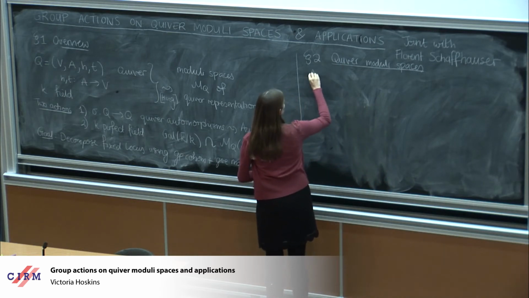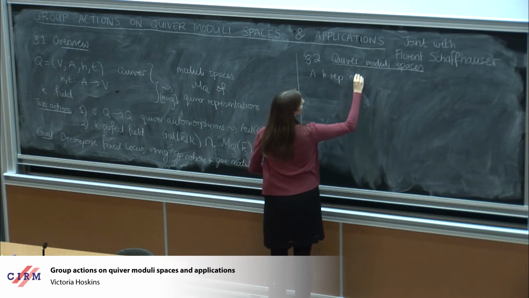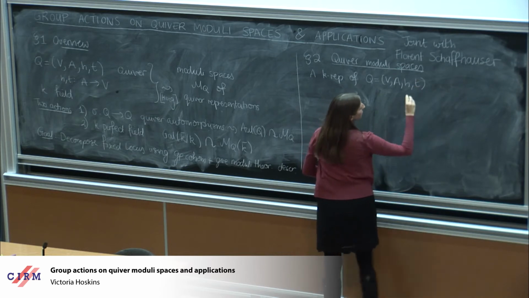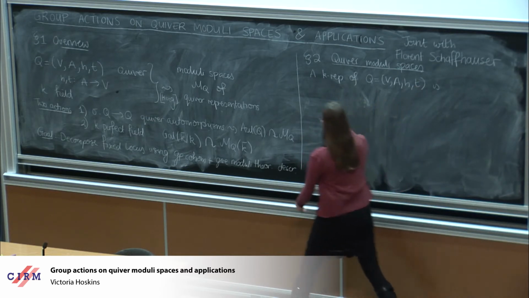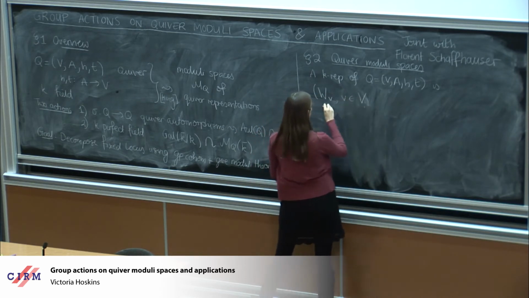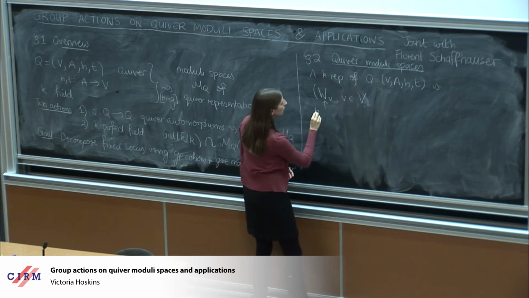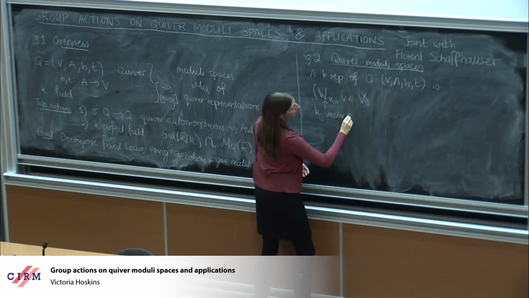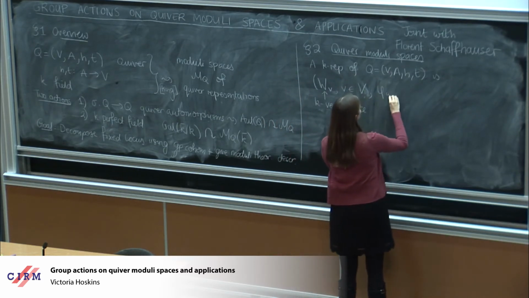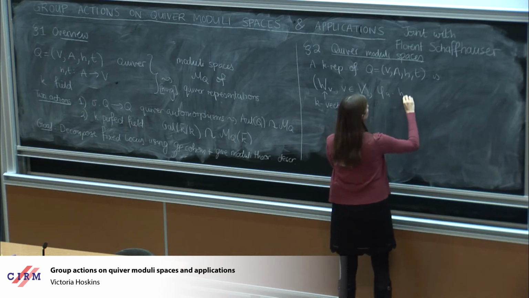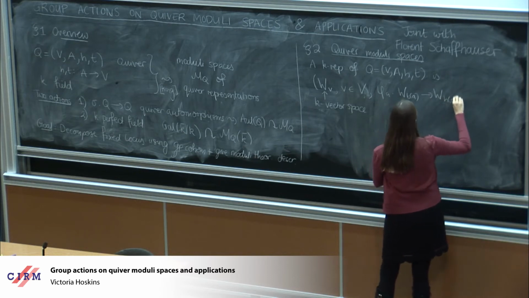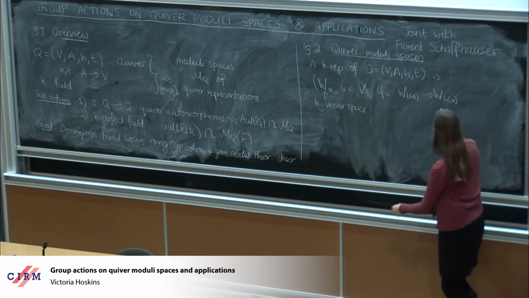A K representation of our quiver Q is given by a K vector space for each vertex in our quiver Q, and a K linear map for each arrow going from the vector space over the tail of the arrow to the vector space over the head of the arrow.